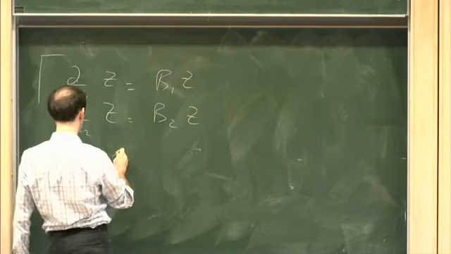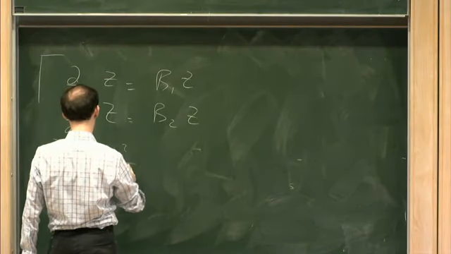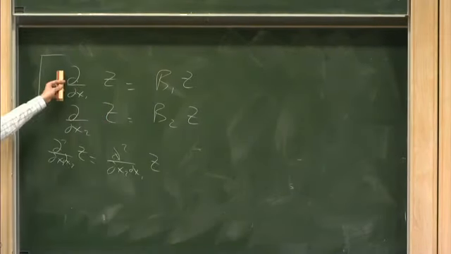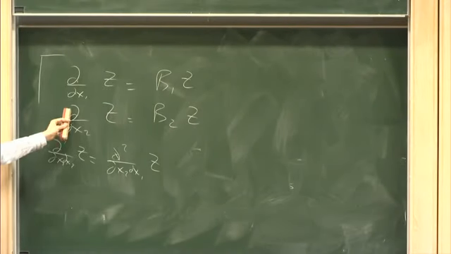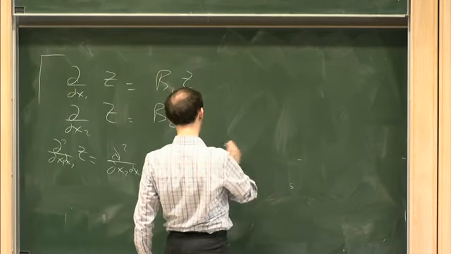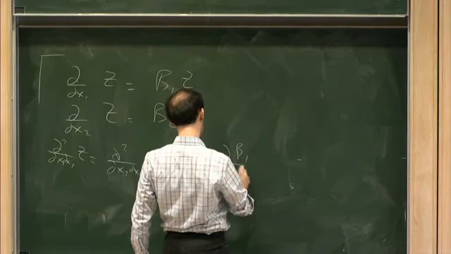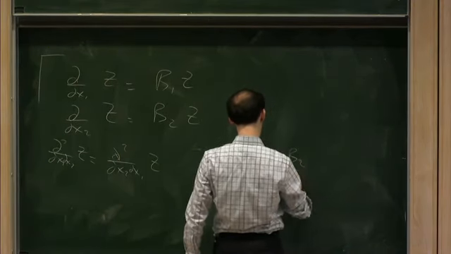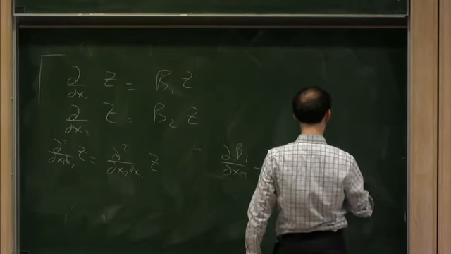You compute this by differentiating the top with respect to x2 and the bottom with respect to x1. This gives you a consistency condition which looks like this: db1/dx2 minus db2/dx1 is the bracket of b1, b2.